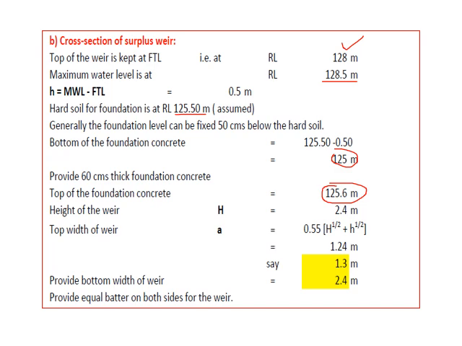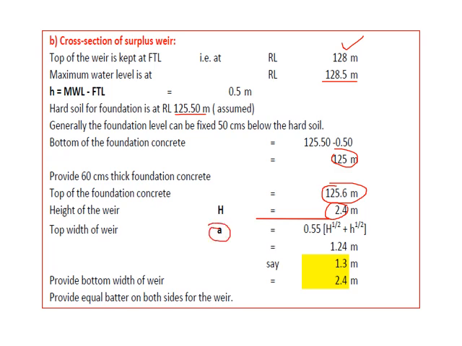So now you can decide the height of the weir. The top of the weir is at FTL, which is 128. So 128 minus 125.6 gives the height of the weir as 2.4. Now you can use some thumb rule to decide the top width of the weir.